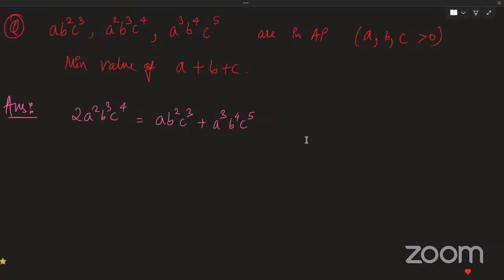Okay, Ashrita, tell me, I have got this equation. What do I do with this equation now? What will be my next step with this equation? Can you help me?